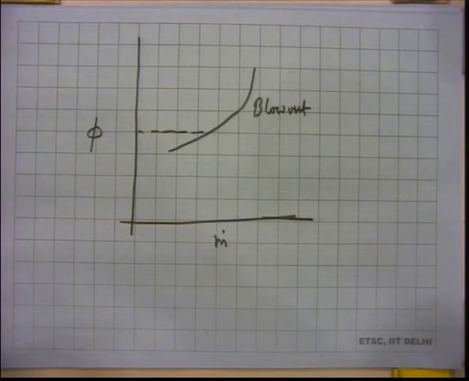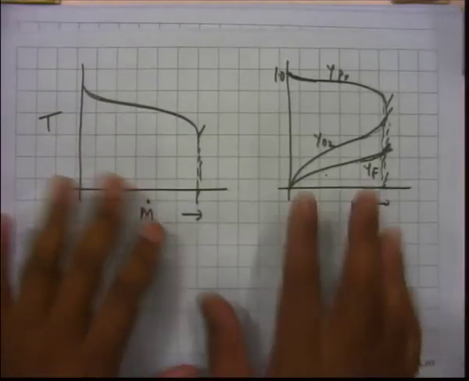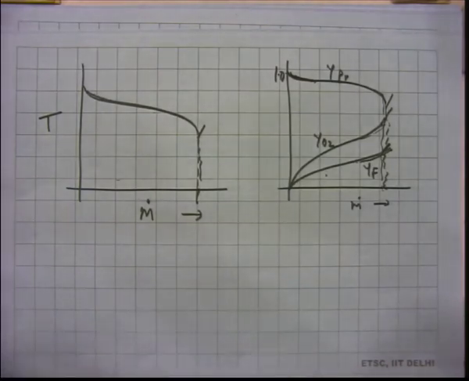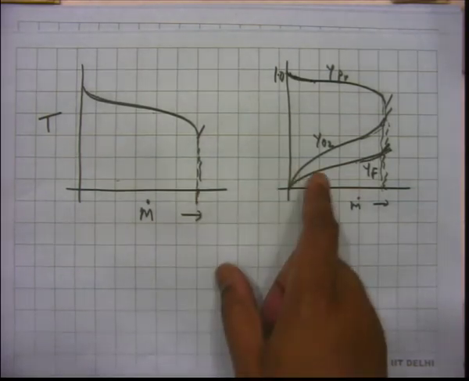The last two plots that we saw were for a particular equivalence ratio. So, there is a certain fuel-air equivalence ratio in the input mixture, and then maintaining that same equivalence ratio we are increasing the values of m dot. That is how we generated these plots.